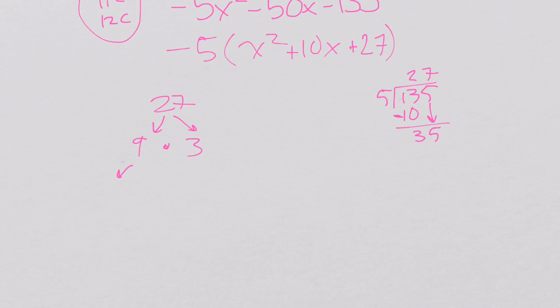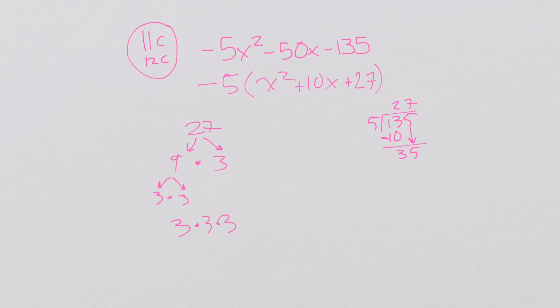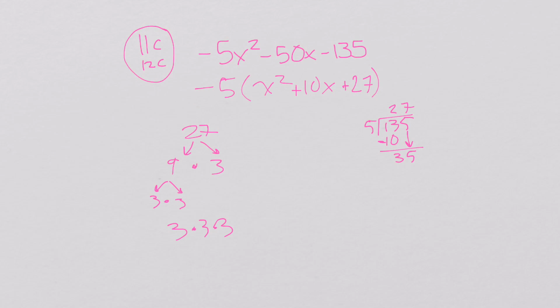Then you could break 9 up again into 3 times 3. So 27 is just 3 times 3 times 3. And there's no way we can combine those 3's to give us a positive 10x. So we're not going to be able to factor this with nice integers. So I guess you just stop there. So you couldn't really solve this one by factoring.